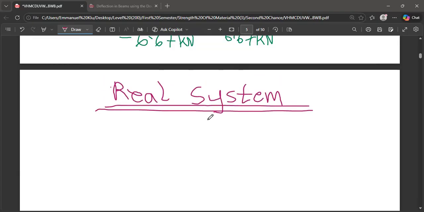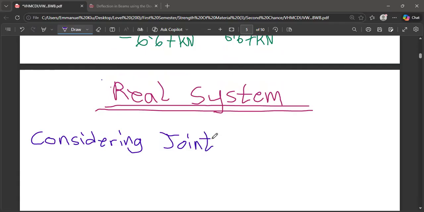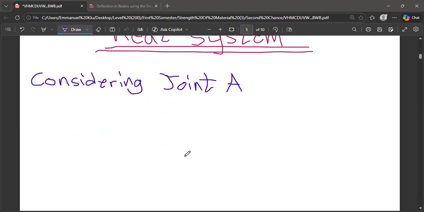So first of all, we want to consider joint A. So I'm going to write over here, considering joint A. And then we proceed.